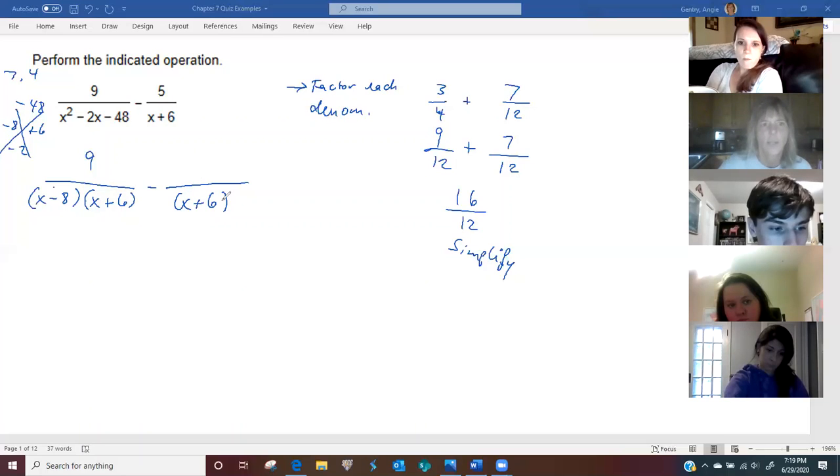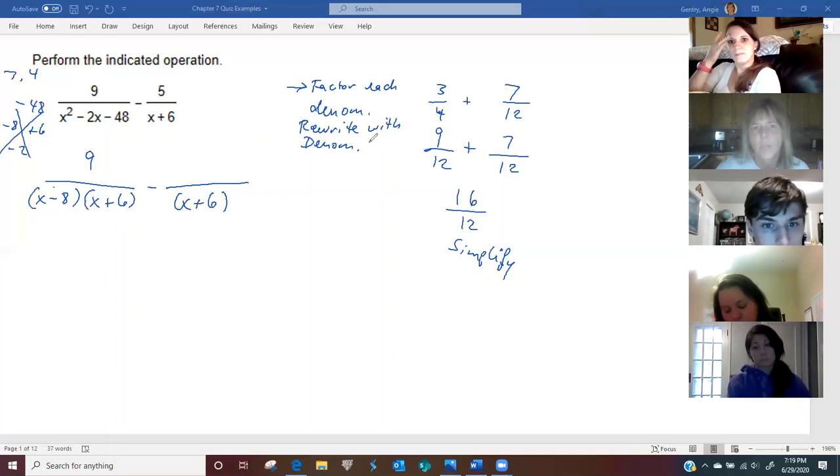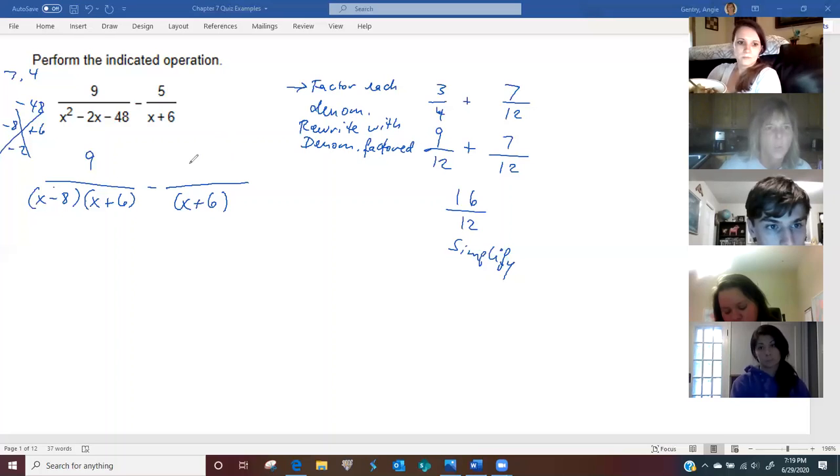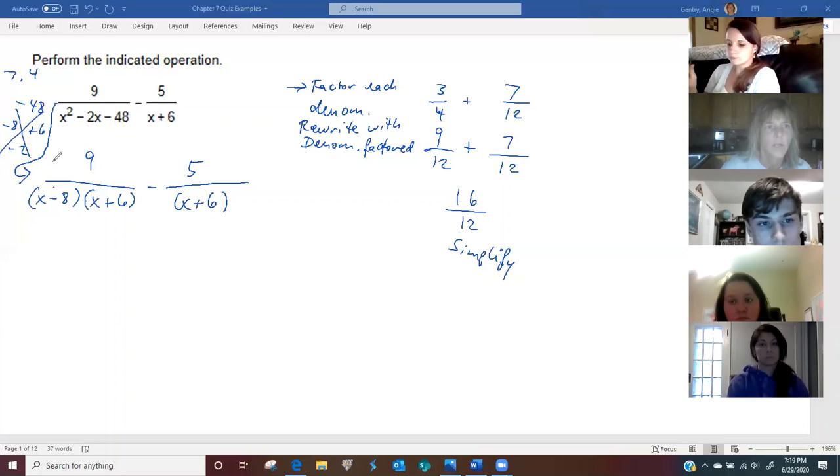In my classes, I sometimes say rewrite with denominator in factored form, because that helps you focus. Do you all agree I did absolutely nothing between here and there? It's identical. One is in factored form, one is in polynomial form.